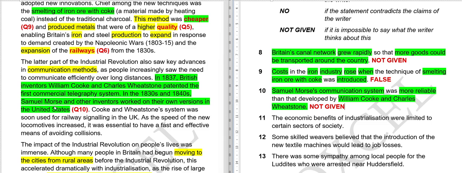Because of that lack of comparison, we cannot say which system is better, the one made by William and Charles, or the one made by Samuel and other inventors. So that lack of information enables us to say not given.